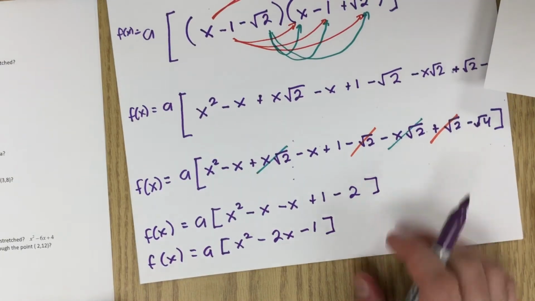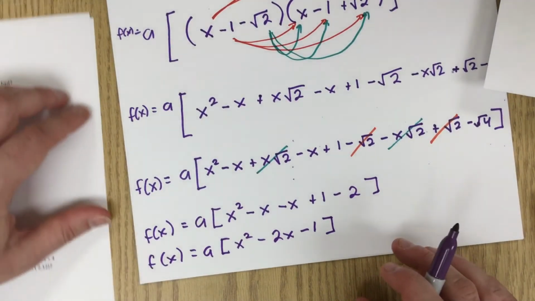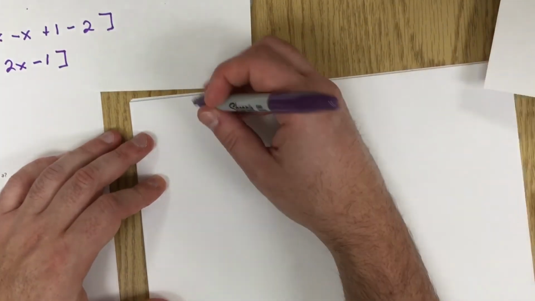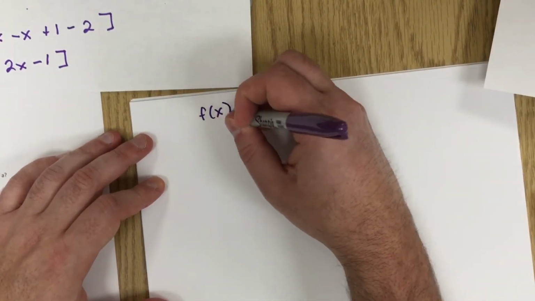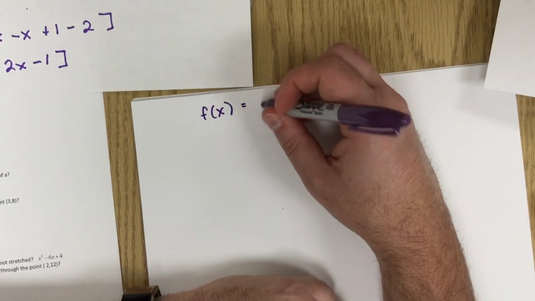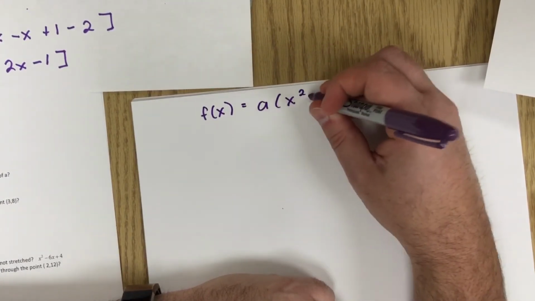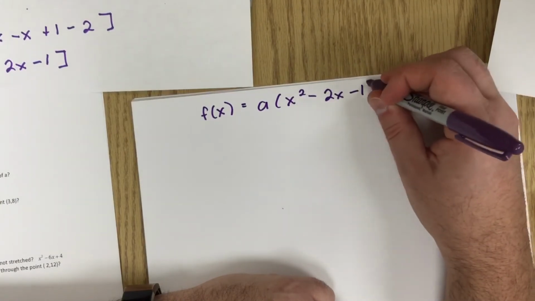And there we go. That's our generic answer. Ooh, there's a lot of dots on this page. So we know that f of x equals a times x squared minus 2x minus 1.